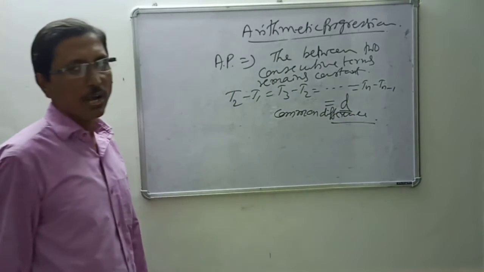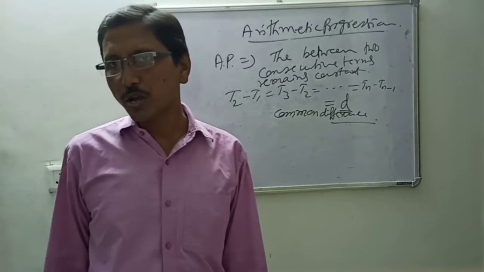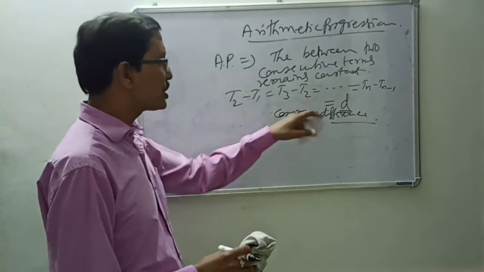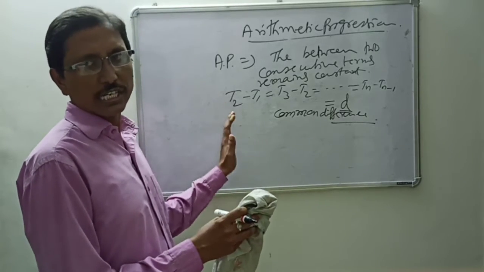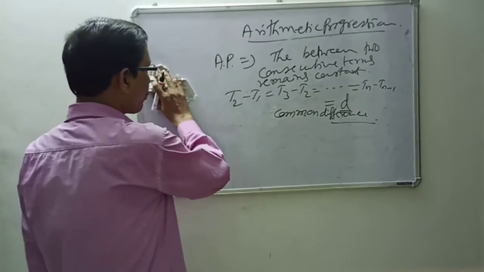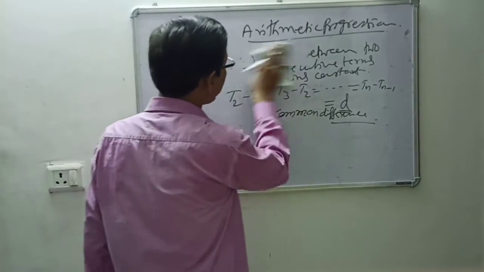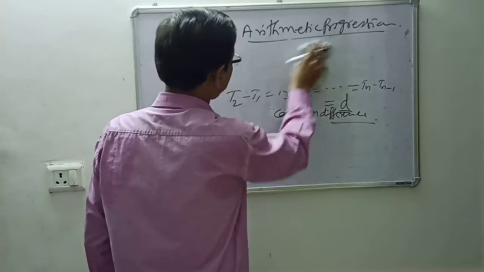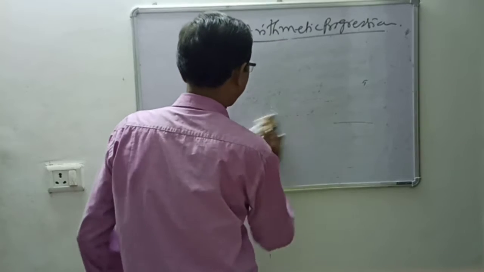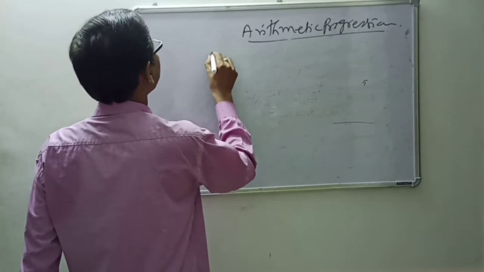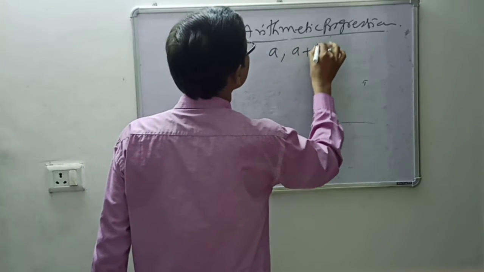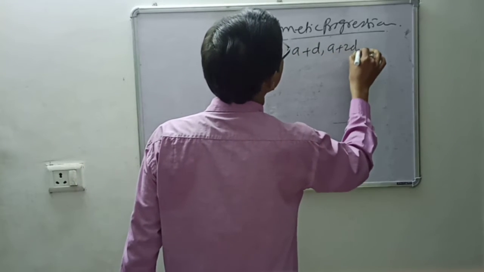So if you have an AP whose first term is A and common difference is D, that means first A, then A plus D, A plus 2D, like this if it is going on, then an AP in general form we usually write as A, next A plus D, A plus 2D, like this.